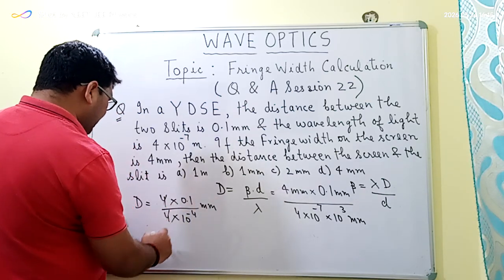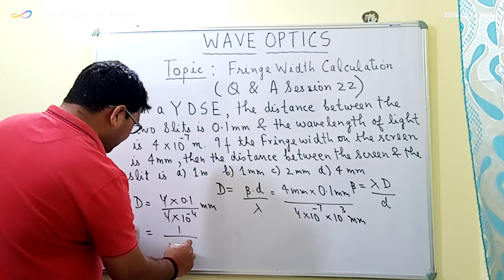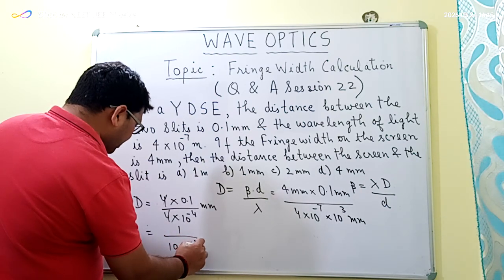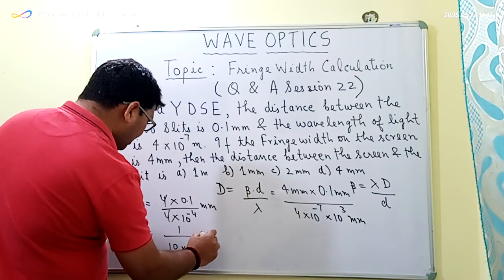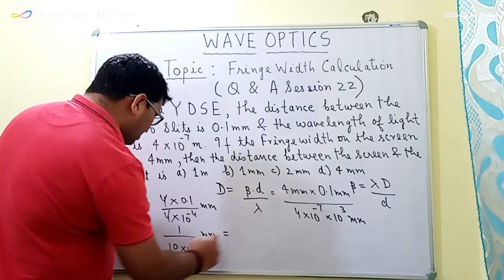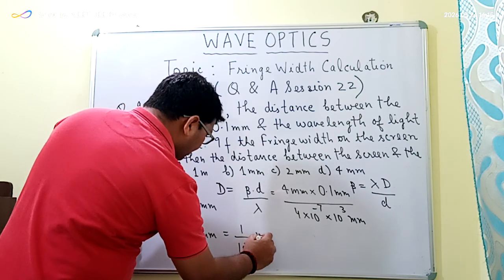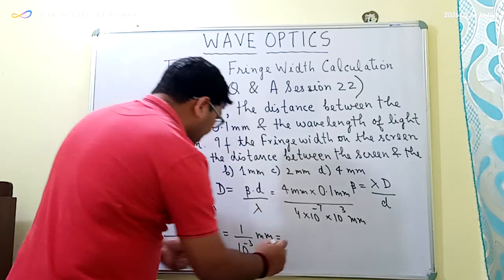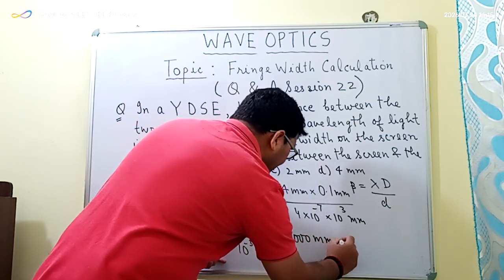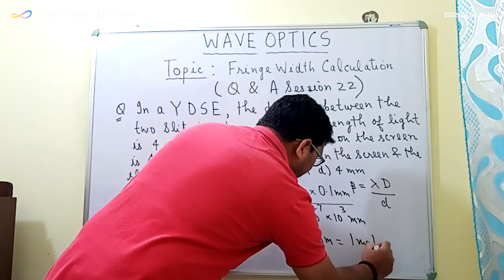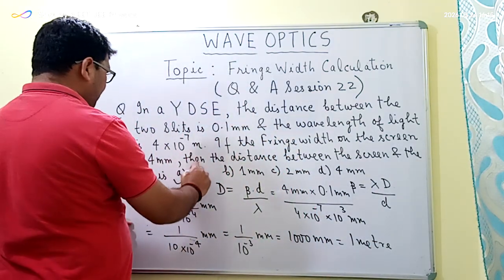Now this 4 and 4 will get cancelled out, so this is equal to 1 divided by 10 into 10 to the power minus 4 mm. So this is equal to 1 upon 10 to the power minus 3 mm. So this is equal to 1000 mm, and this is equal to 1 meter. So here the correct option is A.